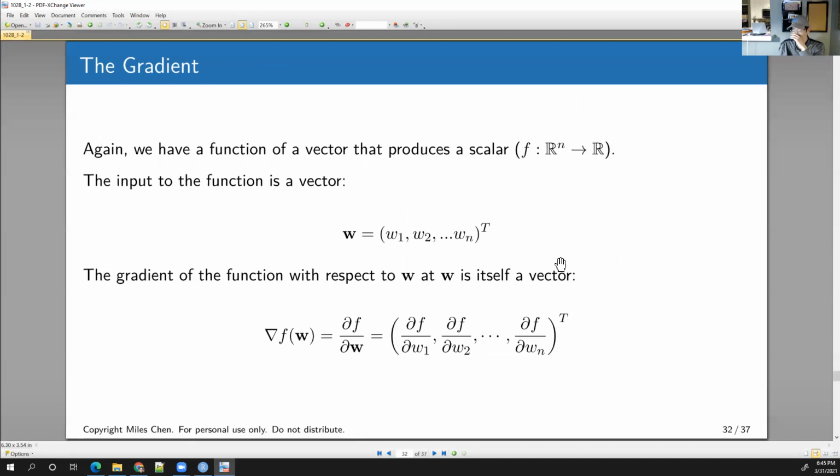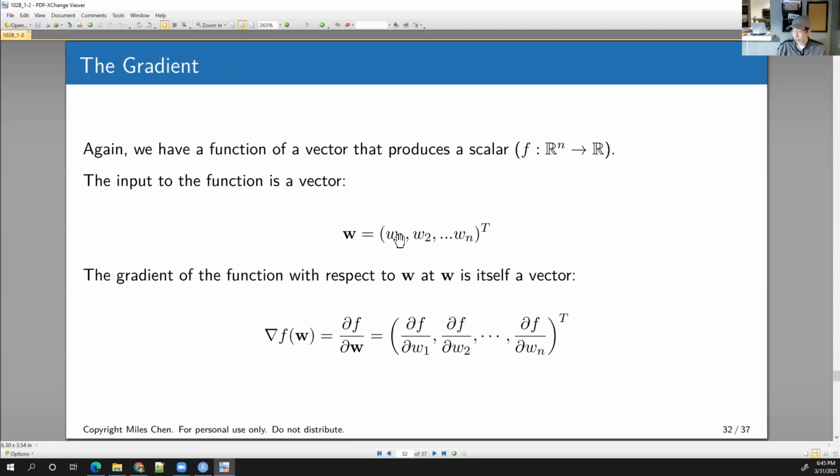All right, and so what it will become is, if the input of the function is some vector w, in our case, a vector w of intercept and slope terms, but you could have just some n-dimensional vector w. It could be in 17 dimensions, 80 dimensions, however many dimensions.